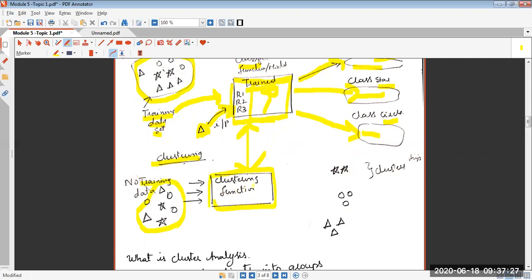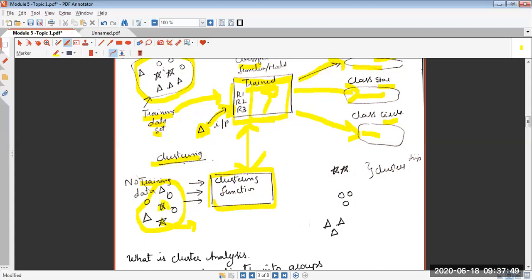Now this clustering function, based on the attributes of the objects, will start grouping them. For example, it will take this object, a star. It will check which other objects have properties similar to this star. Obviously, it will find the second star.